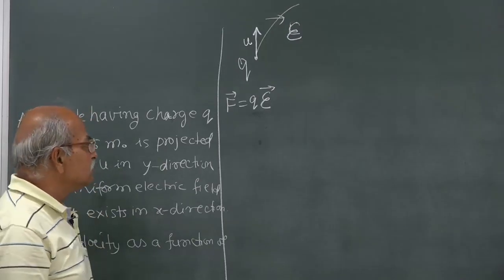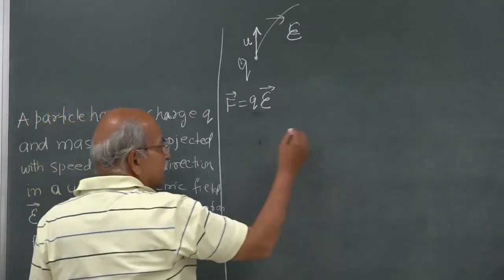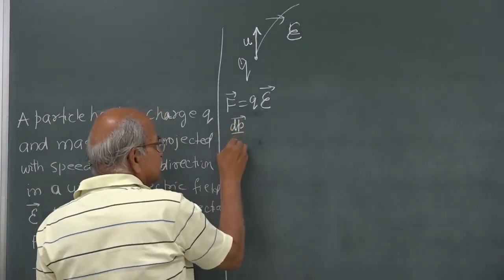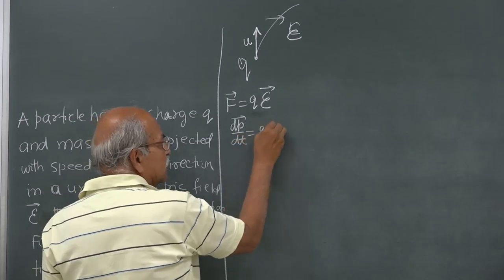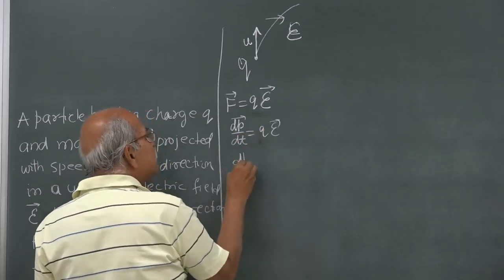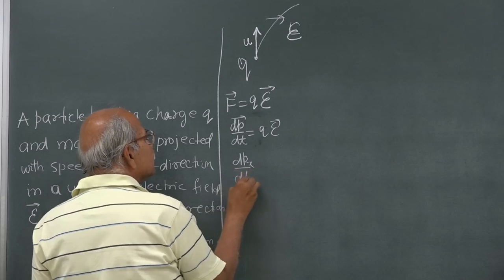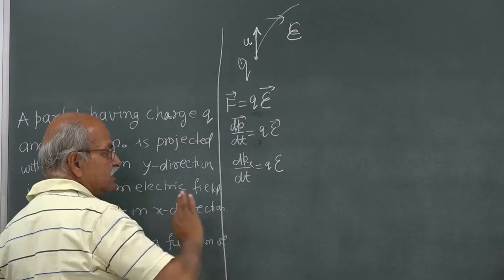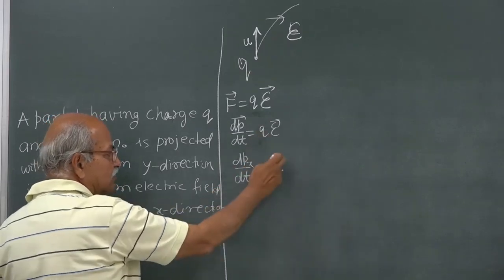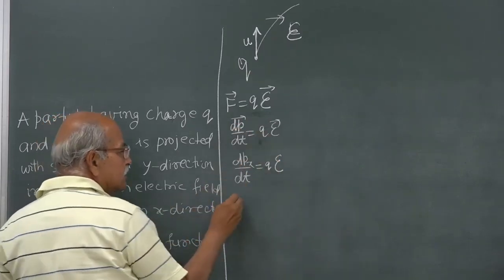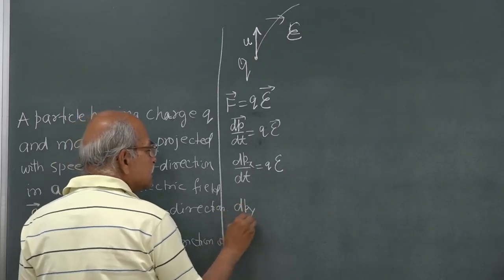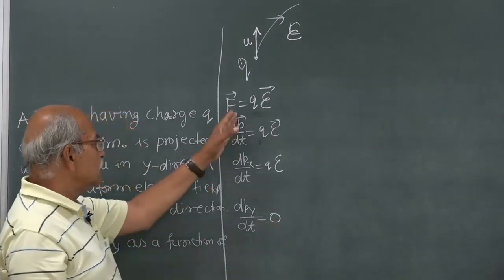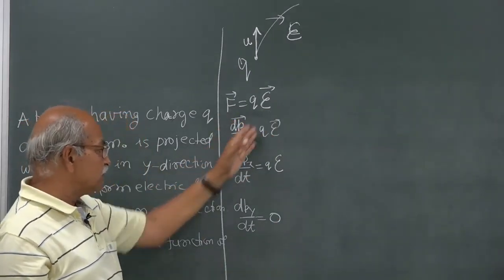So, how do I get velocity? We can write this F as dp/dt, this is qE, and therefore dpx/dt is q times E, because the field is in x direction. This is the magnitude of the field, whereas dpy/dt is 0. In y direction there is no force, and therefore this is 0.